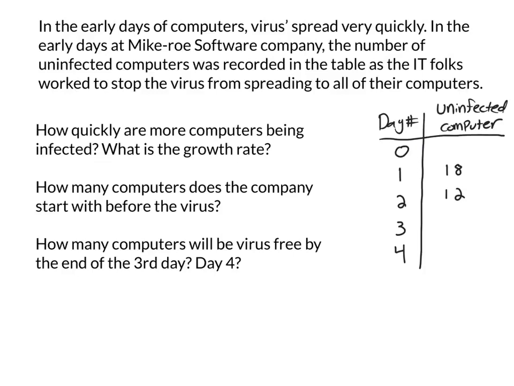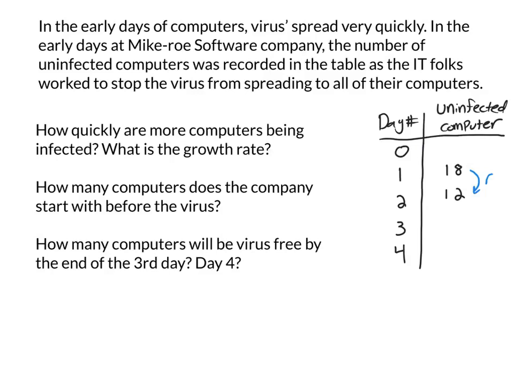So I'm going to think, oh, I have a value of uninfected computers. I'm going to multiply by that rate to get down. And this is a decay problem because the number of computers that are uninfected is decreasing, so my rate goes down. So what is my rate?